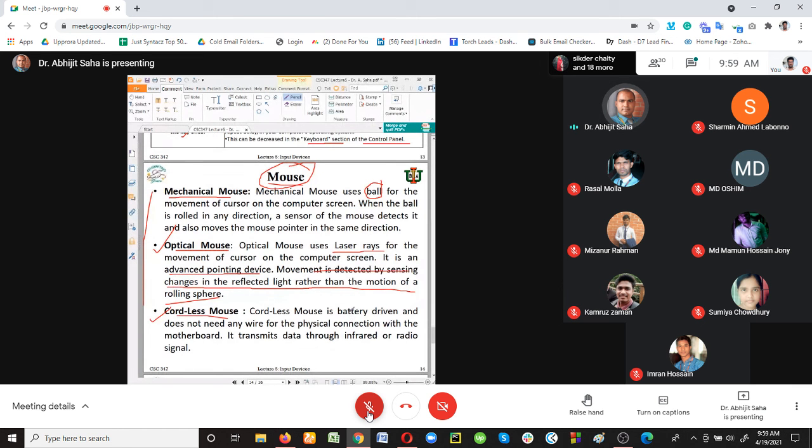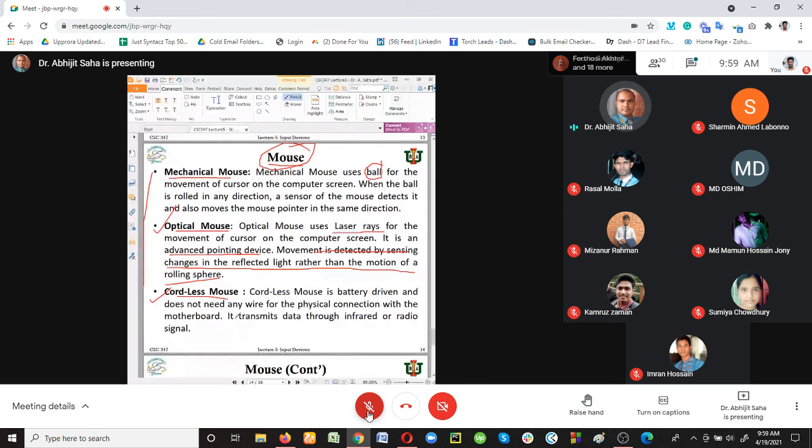If you are using the cordless or wireless mouse, you need to set it up with the computer system, and when you turn on your computer system, you will be able to use it. There is no wire or physical connection needed. It transmits data through infrared or radio signals from the mouse to the computer system.